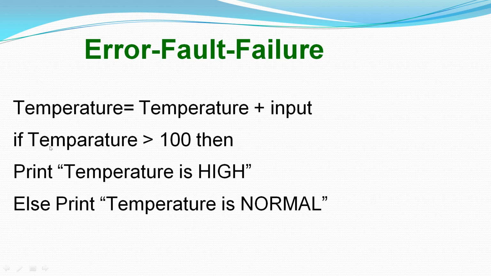So here it is a mistake in the code. At the time of execution or compilation, the system will treat the temperature mentioned in the second statement as a different variable. So here you will get the error.